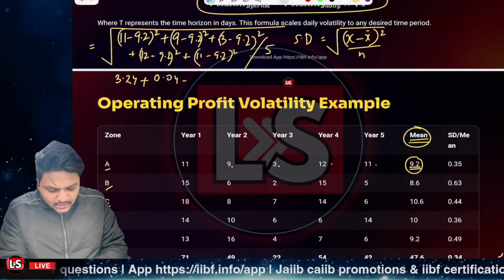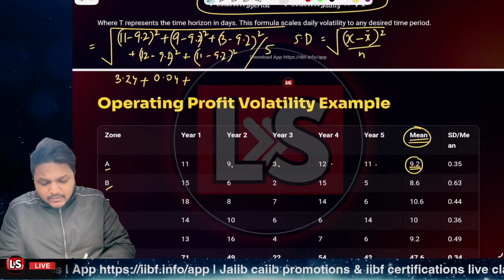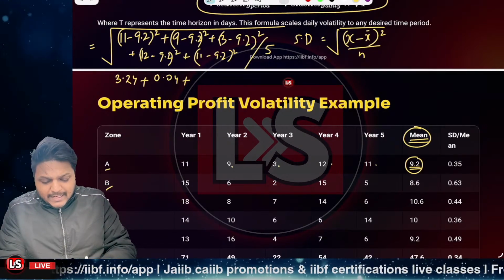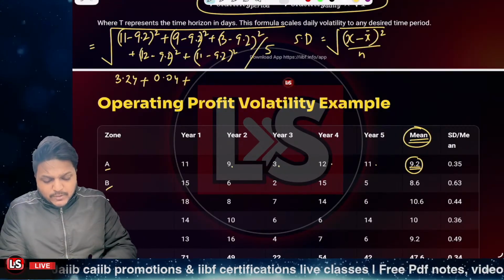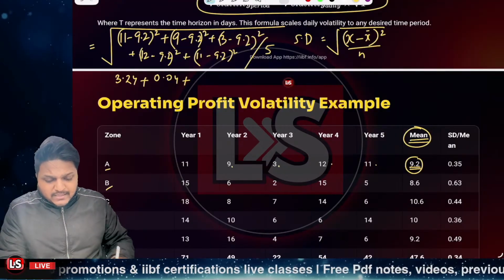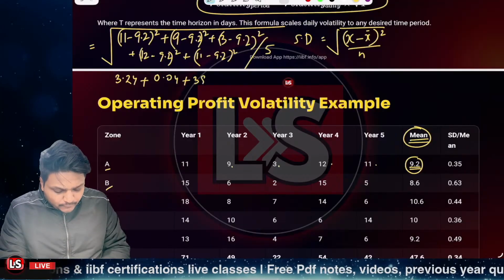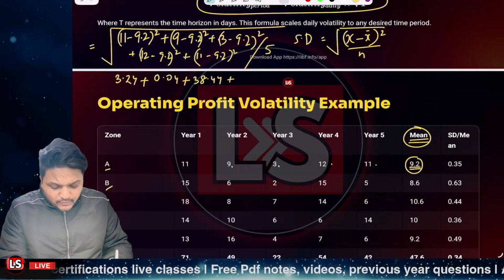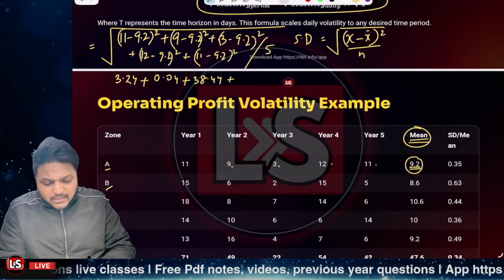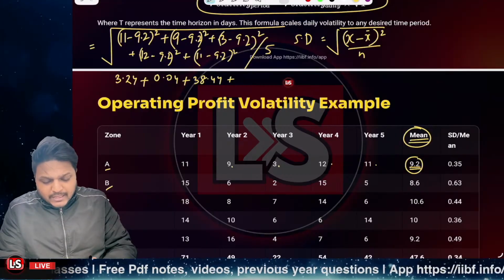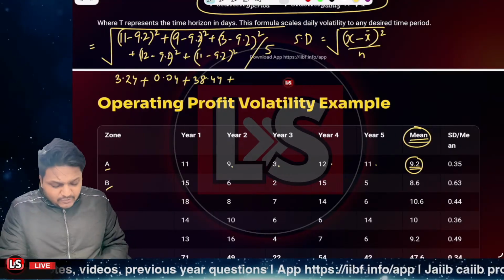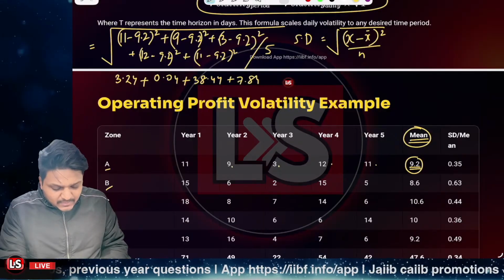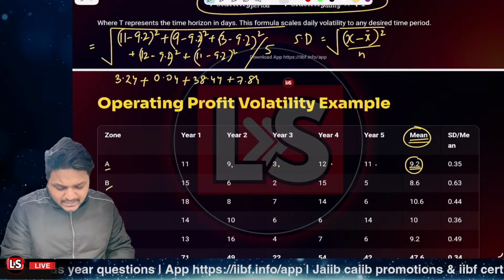The next one is 9.2 minus 3, that is 6.2, multiplied by 6.2, that is 38.44. Next one is 12 minus 9.2, that is 2.8, multiplied by 2.8, that is 7.84. The last term is the same as the first term, that is 3.24.